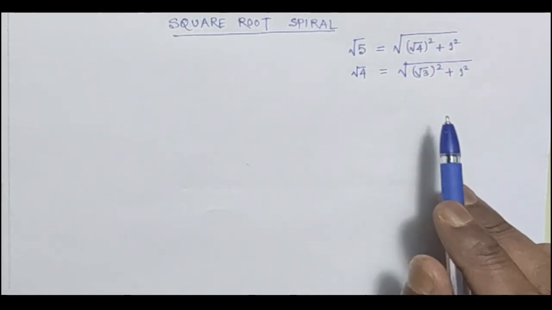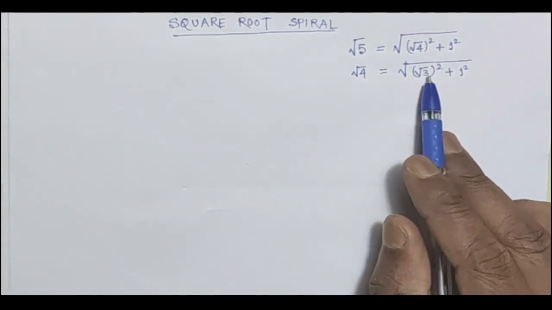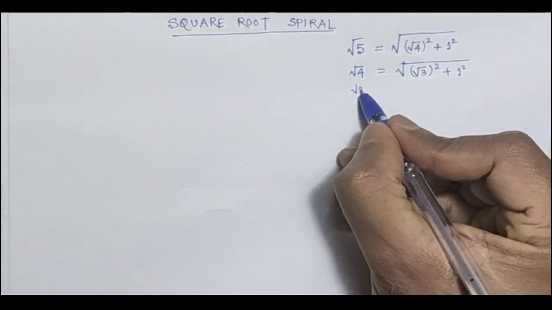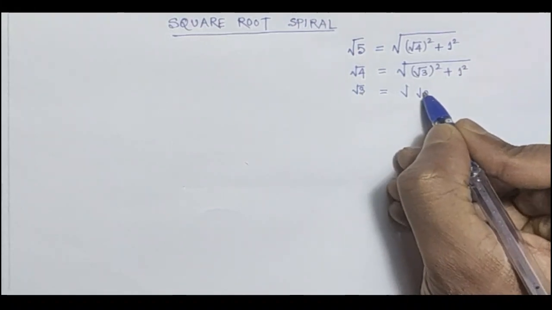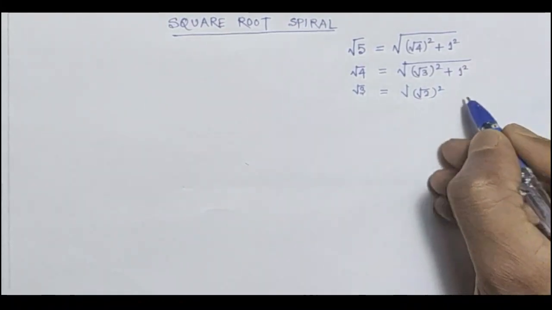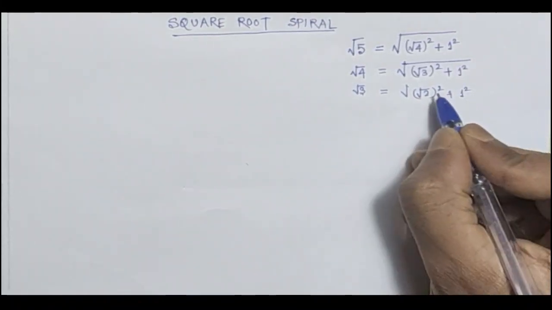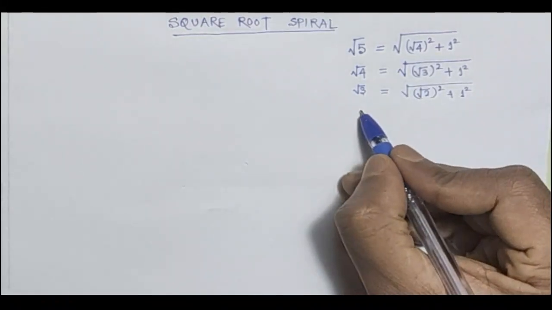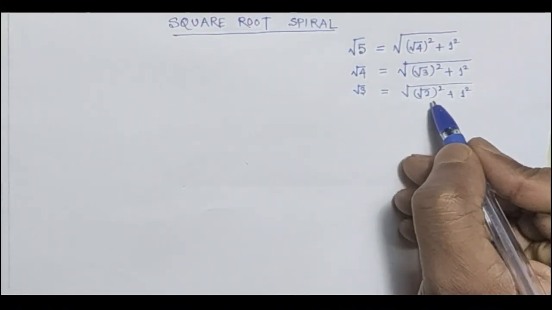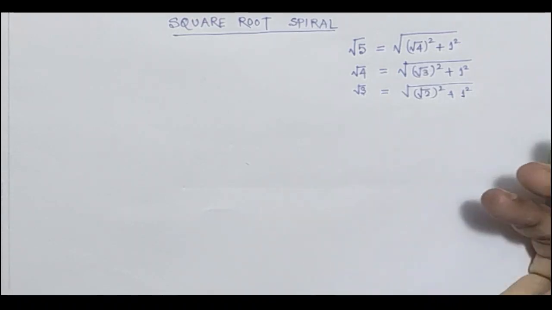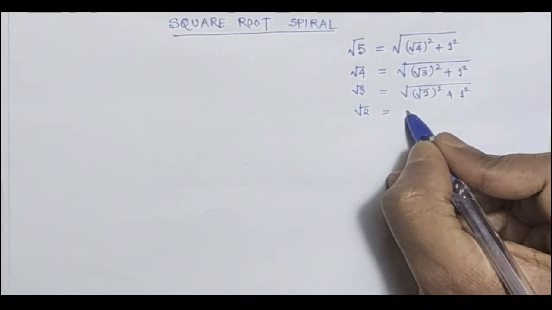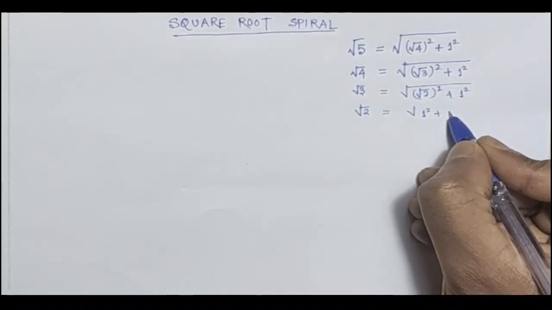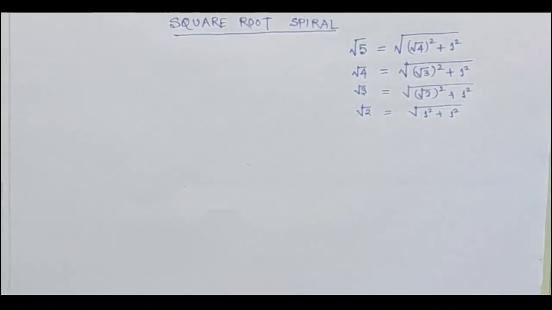So you can see that we will need to draw square root of 3 again. For square root of 3, in the same technique, square root of 2 square plus 1 square: 2 plus 1 is 3. Same technique, you can see the pattern here clearly. And square root of 2 is equal to the root of 1 square plus 1 square. So that's the theory part.